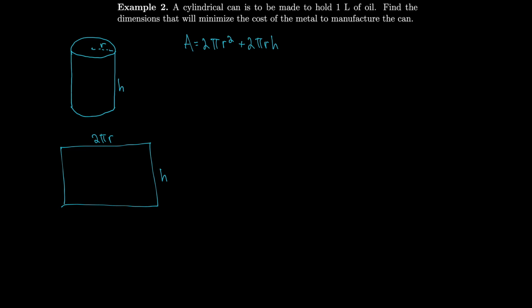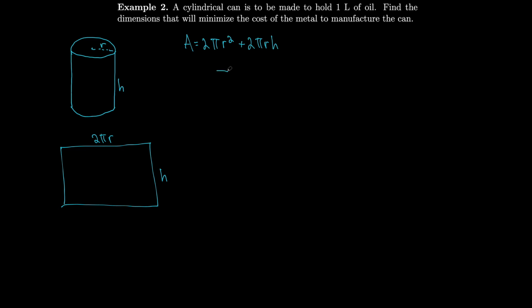Again, we have the issue where we have r and h. We need to eliminate one of these. Well, we know that the can is designed to hold 1 liter of oil. In order to break that down into something cubed so that we can have individual units for each of our r and h, we should probably rewrite that as 1,000 cubic centimeters.